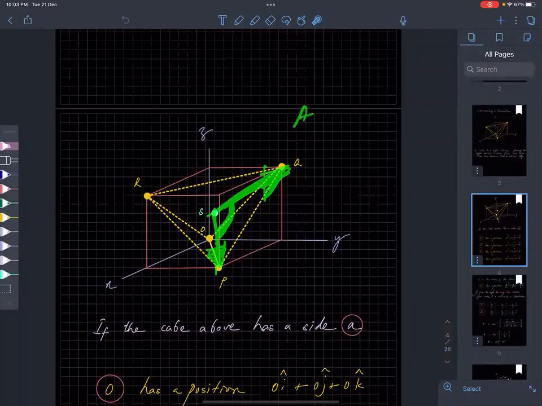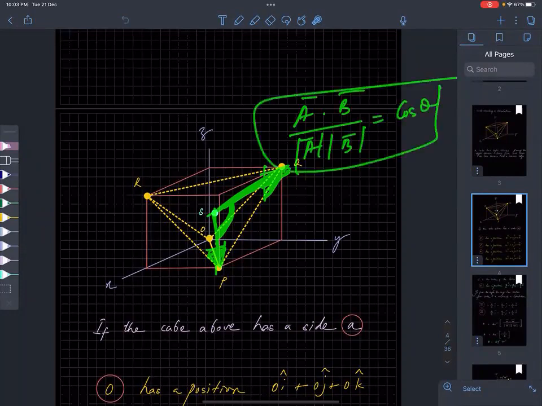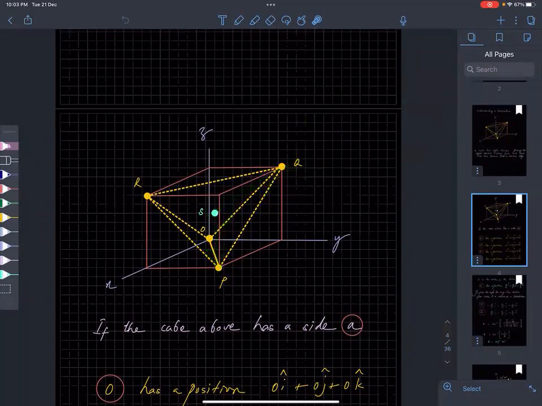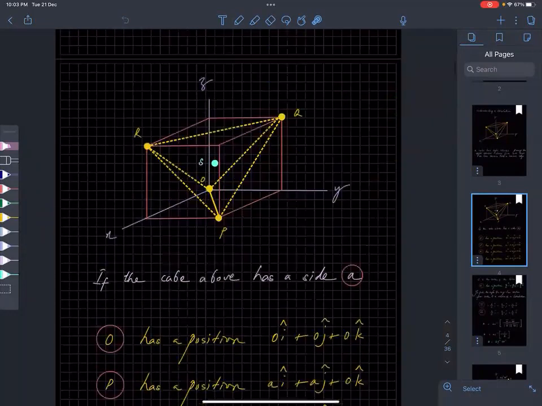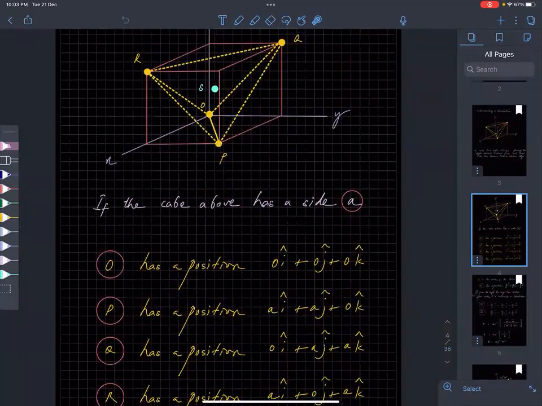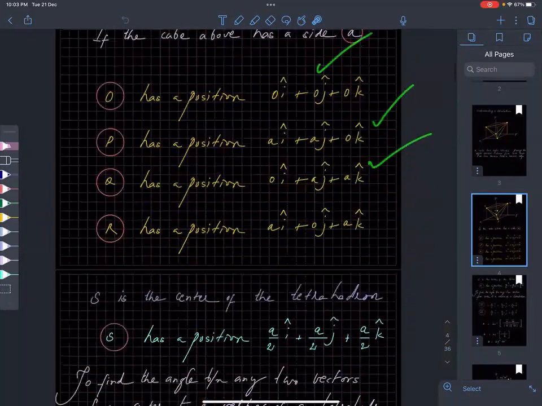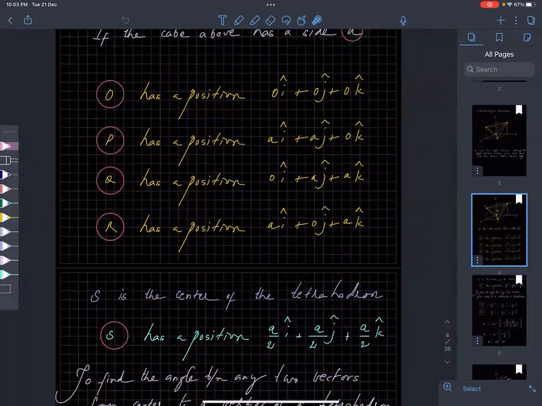A bar dot B bar by magnitude of A bar into magnitude of B bar is equal to cos theta. I can use this formula. Correct? Now see, I'll take any 2. This has a position vector, this has a position vector, which I already told you. Clear?